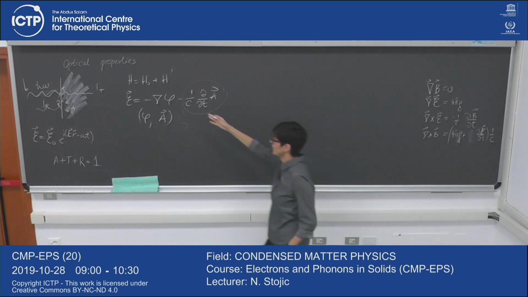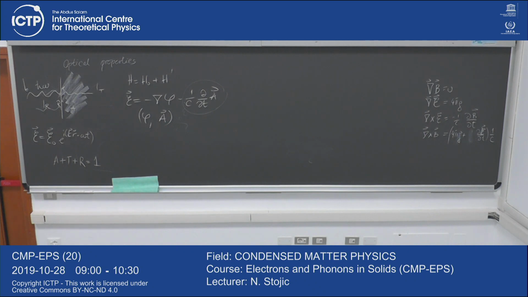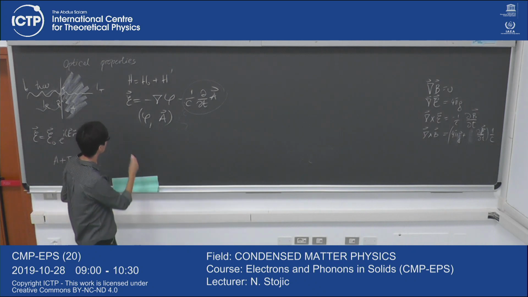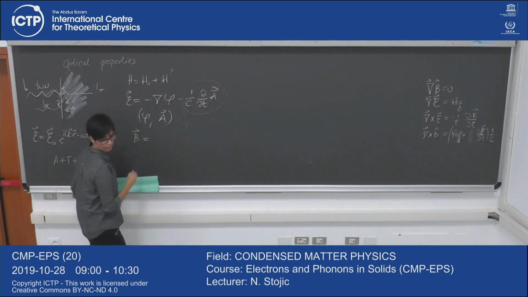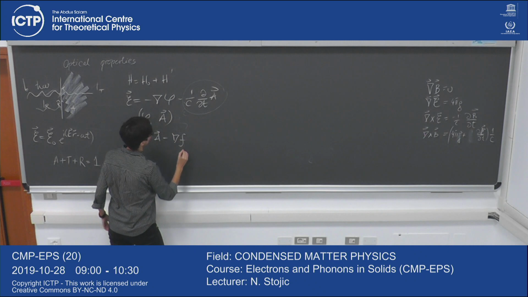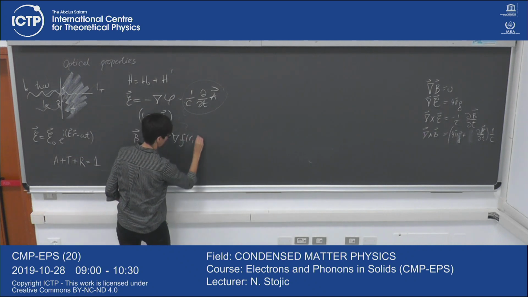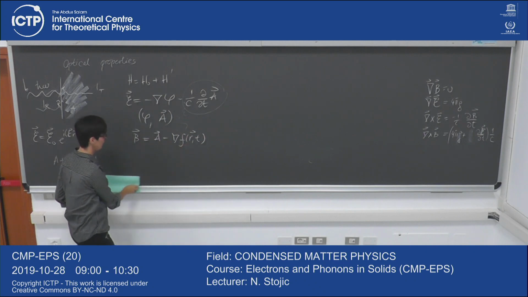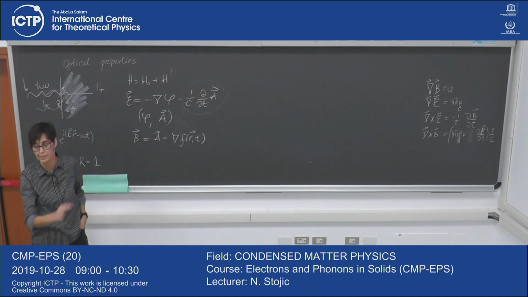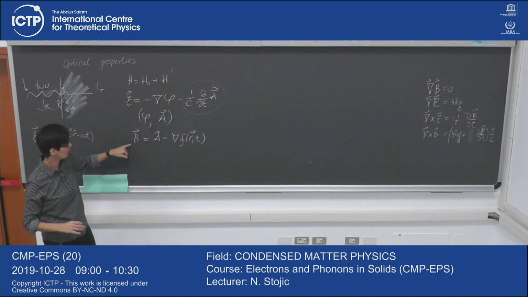Or I could just stay here now and say A0. I have a complete freedom to choose A and phi. This as a concept is okay. And also B. There is this function f, a function of space and time, which I can vary and not change anything.